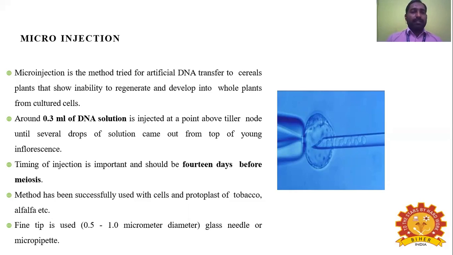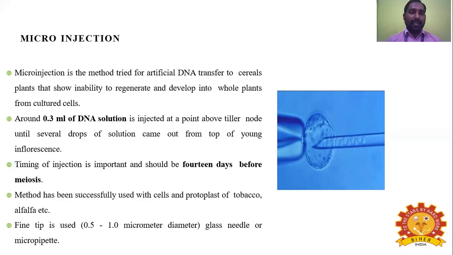Once the injection is done, the timing is very important, and it should be 14 days before the meiosis. Meiosis and metaphase are very important periods, so we have to select the time carefully and avoid meiosis and other divisions.